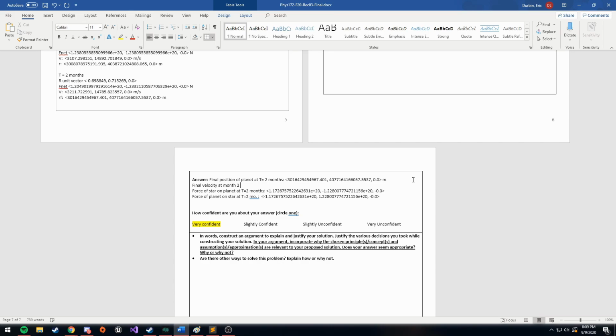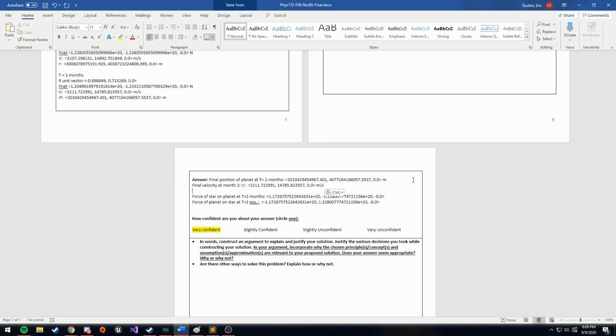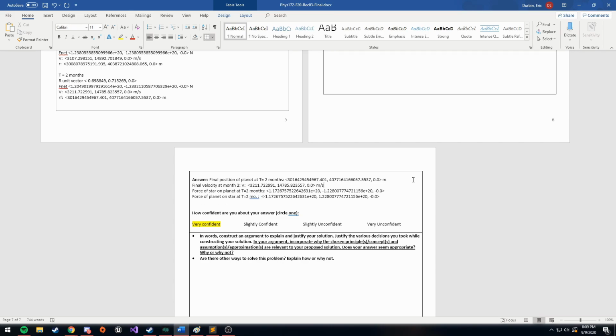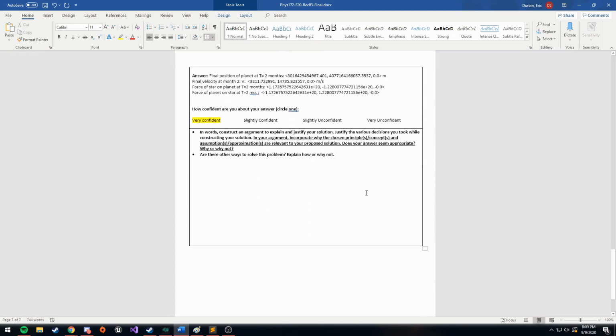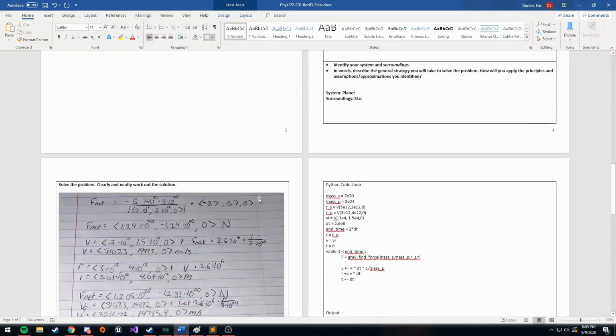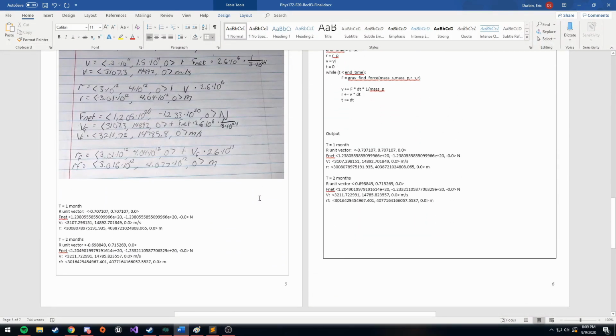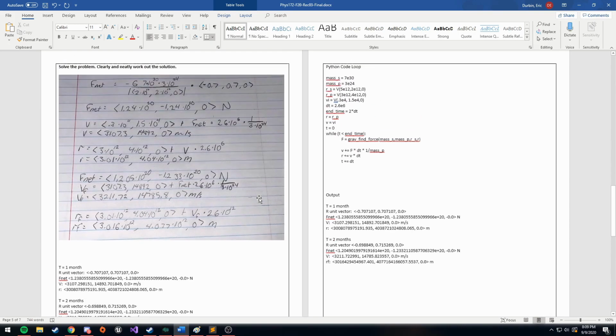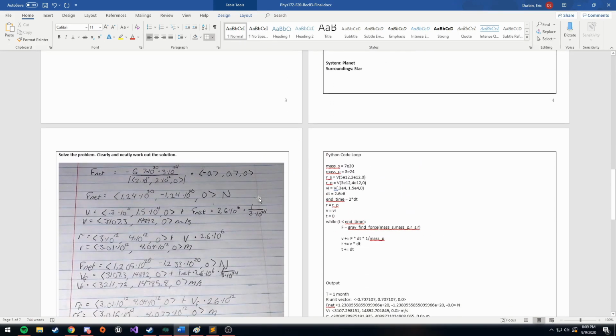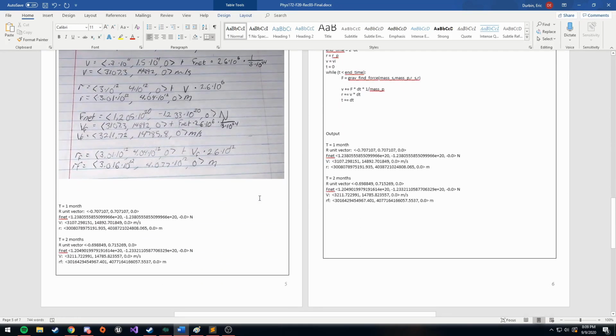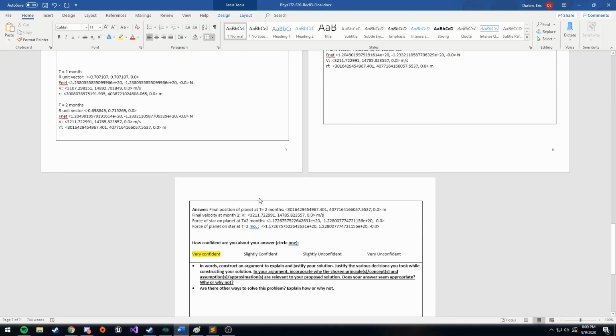I'm hoping if we're off by 1, they'll look at our work and say we just overcalculated by 1. But I'm not too confident in that. How are you finding the forces of the star on the planet and the planet on the star? The vector force, that would be your FNet. That's what we calculated earlier.